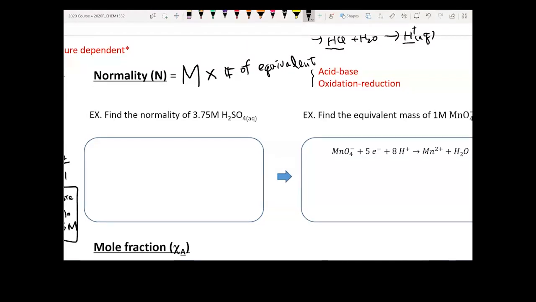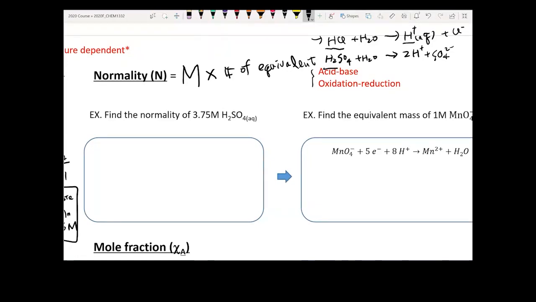But sometimes we have acids, for example sulfuric acid, that once they dissolve in water actually produce 2H+ and SO4 2-. On the top it should be Cl-, okay.